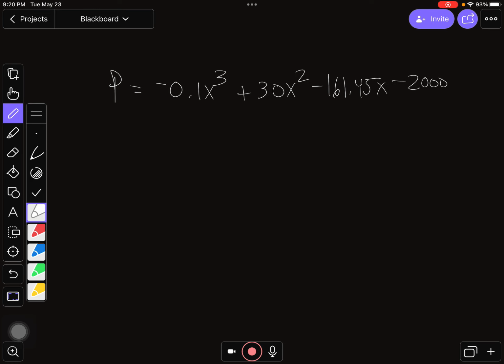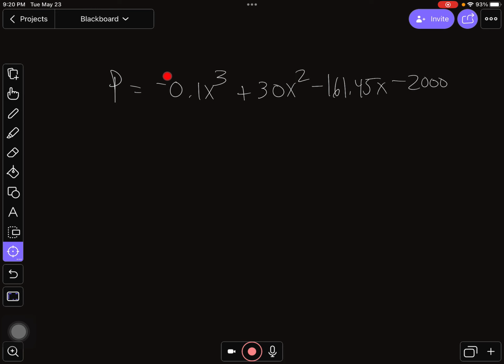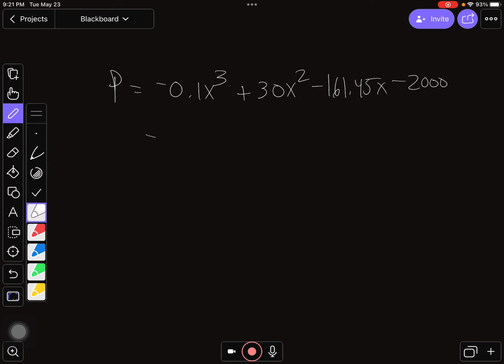to take the derivative. So I'm going to take the derivative of this function, and I'm just going to use the power rule, taking the derivative of each of these. The derivative of this first one, using the power rule, I'm going to bring the 3 to the front. 3 times negative 0.1 is negative 0.3 x.